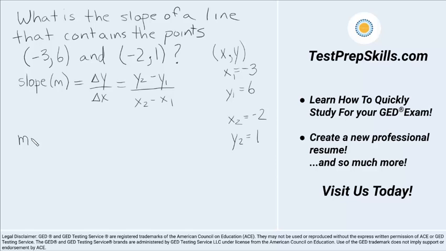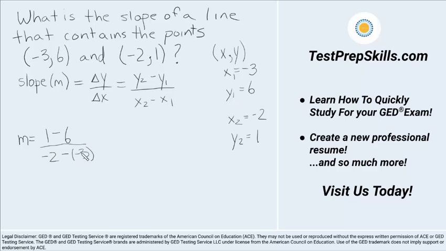So I'm just going to rewrite m for my slope, and that's going to equal, and now I'm just going to plop them right in how I see them up here in my formula. So I need my y2, which is 1, and then I'm going to subtract my y1, which is 6, and that's all going to be over my x2, which is -2, and minus my x1, which is -3.